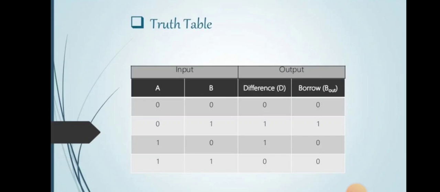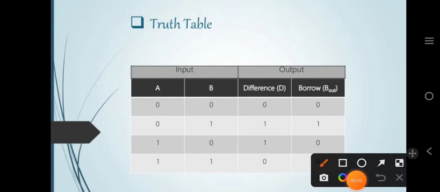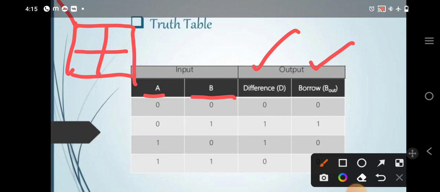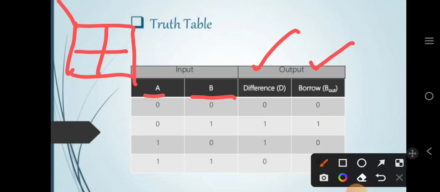Now the third step is to draw the K-map. We have to draw two K-maps, one for the difference and one for the borrow. As you know, we have two variables, so you will draw a K-map of this structure. Then you can put all these bits in this K-map.